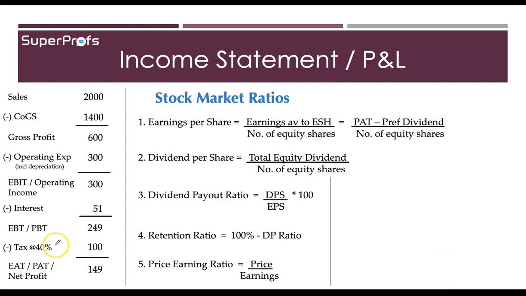Next one is price earning ratio, and this is very simple, in which you calculate the price divided by the earnings, which is your current market price divided by earning per share. So in the example we have taken that the current market price is at 200 rupees, the book value is at 50 rupees, and the face value was rupees 10.